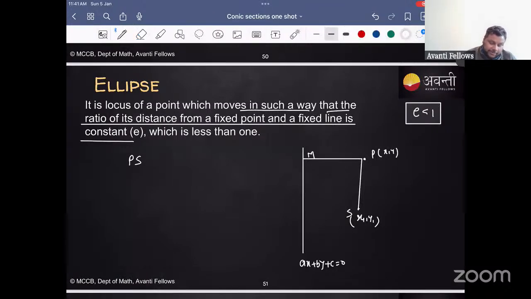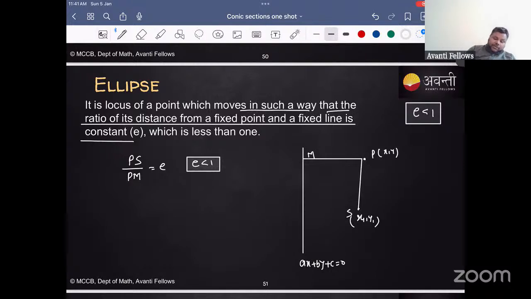So PS upon PM is E. And this is what we call an ellipse if this eccentricity E is less than 1. If this eccentricity E is more than 1, then your locus will be a hyperbola.